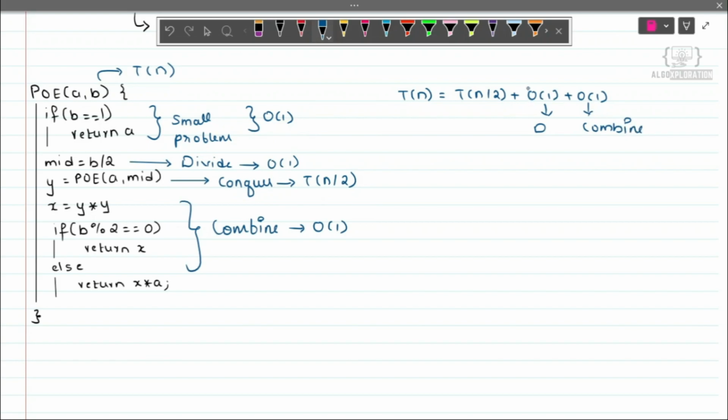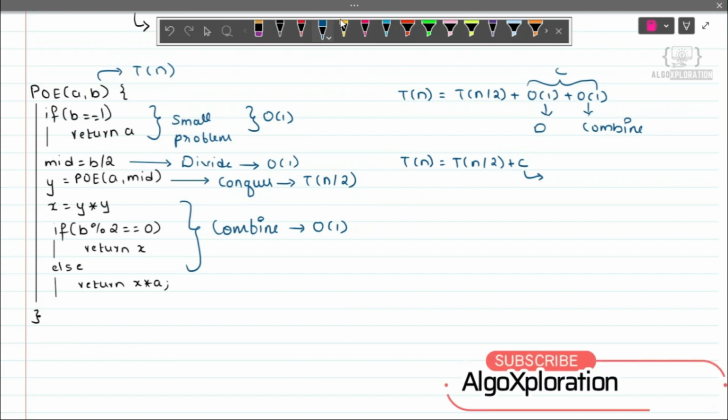Now we can replace this term with c, therefore T of n equals T of n by 2 plus c. Now this is the cost for divide and combine only at the first level. Let's find the time complexity by using the substitution method. For you guys, it's homework to find the time complexity using the master theorem. So let's denote this equation as equation 1.